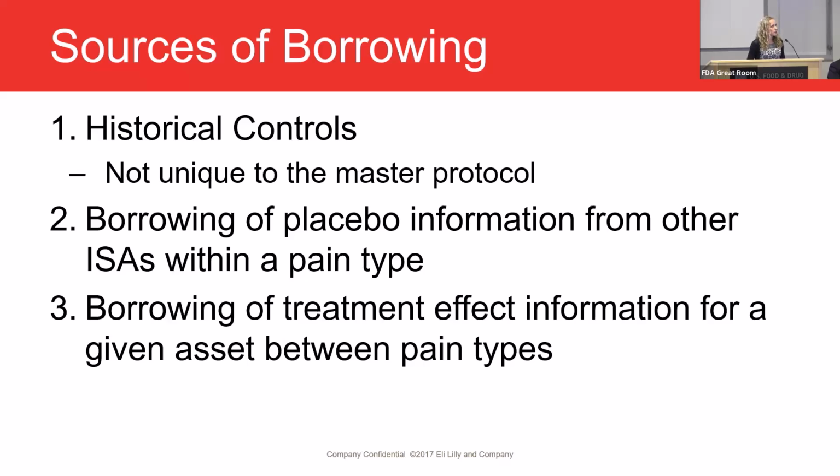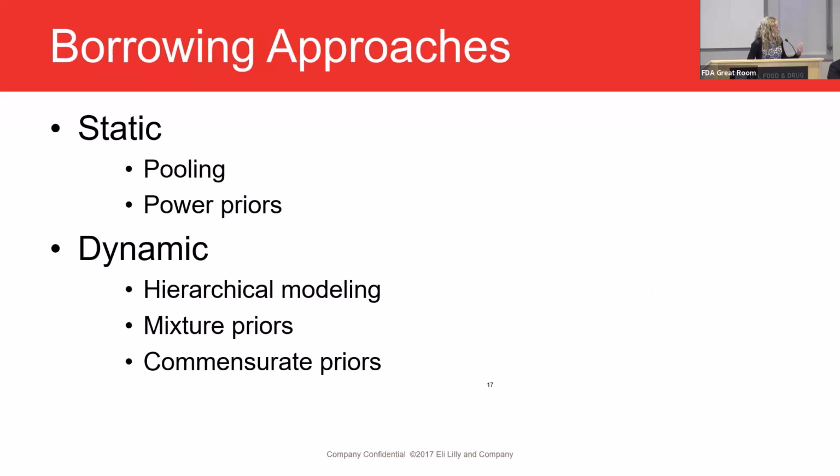I'm not going to go into a lot of detail on the borrowing approaches. You'll hear more, I believe, from the next speaker on how some of these approaches work. What I will mention is that we typically are thinking about 2 main buckets of borrowing approaches, one being static, and that includes things like pooling or power priors. Dynamic borrowing, on the other hand, includes things like hierarchical modeling, mixture priors, or commensurate priors.